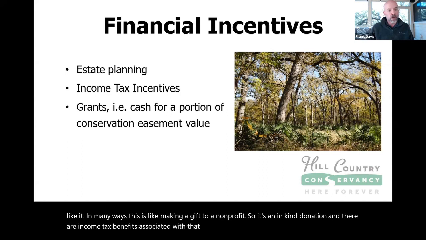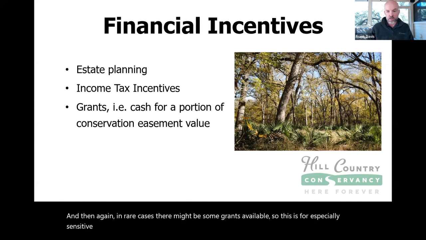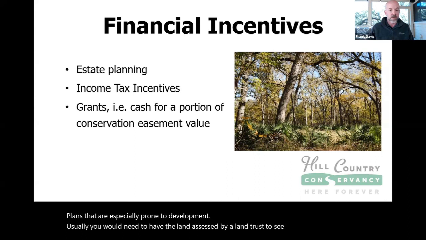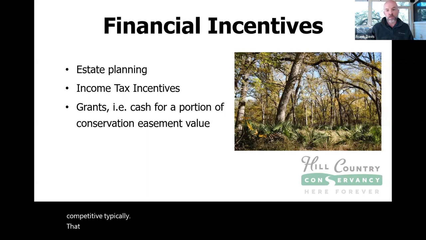And then again, in rare cases, there might be some grants available. So this is for especially sensitive or unique lands, lands that are especially prone to development. Usually you would need to have the land assessed by a land trust to see if they think it's especially high value and would rank well. There's limited money out there and it can be very competitive. Typically, that pays a portion of that value.